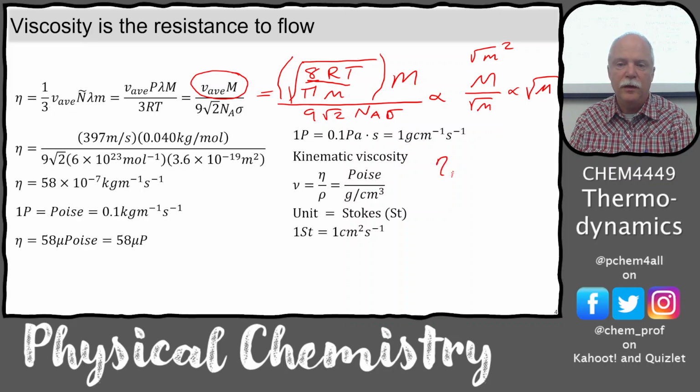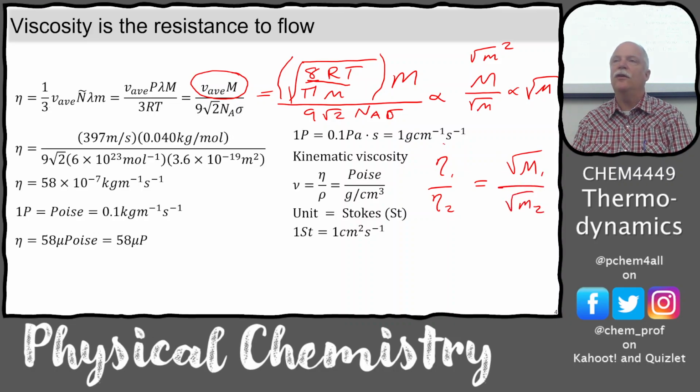And so we can do eta 1 over eta 2 is equal to the square root of mass 1 over the square root of mass 2. So you see how even though we don't know the cross-sectional area, we could figure out all the other constants, pi and R and everything. We don't know what the temperature is, but this is all we need to know. If we're saying at the same temperature, what's the new viscosity? Okay.